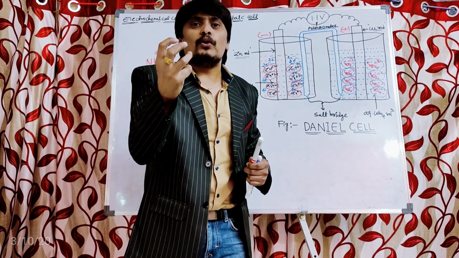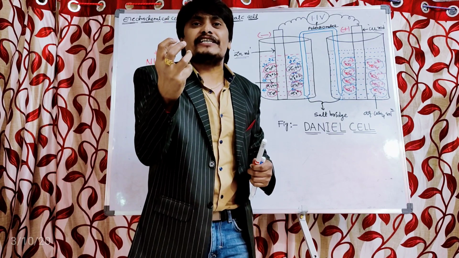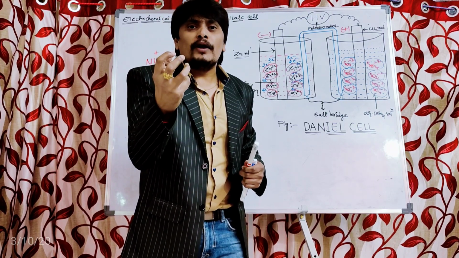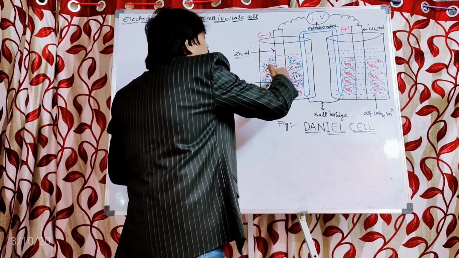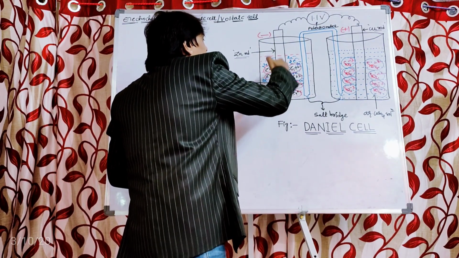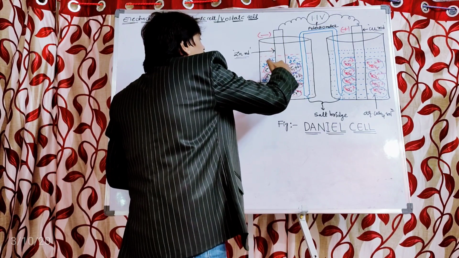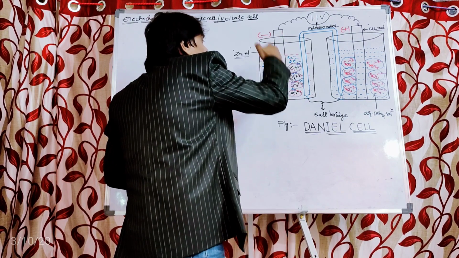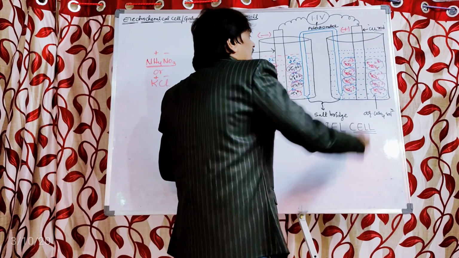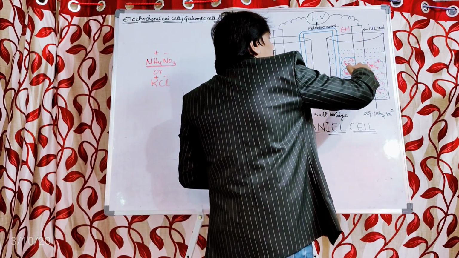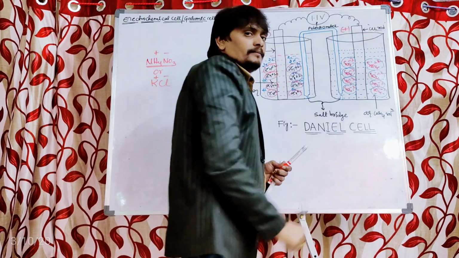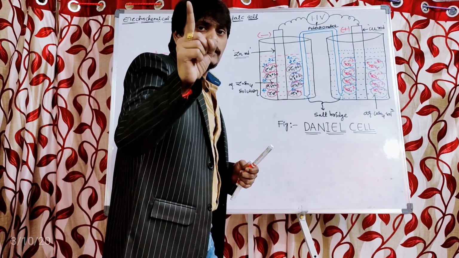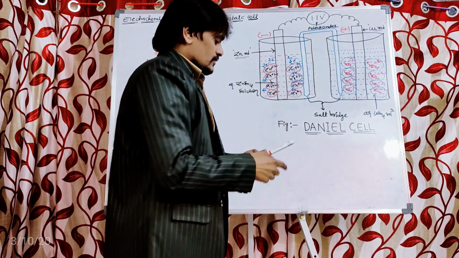So in order to eradicate this traffic jam, what do we need to do? There is a need to neutralize the excess Zn+2 ions produced during the spontaneous oxidation of the zinc rod, and the SO4 minus 2 ions during the spontaneous reduction reaction of the copper rod. So what will the salt bridge do?